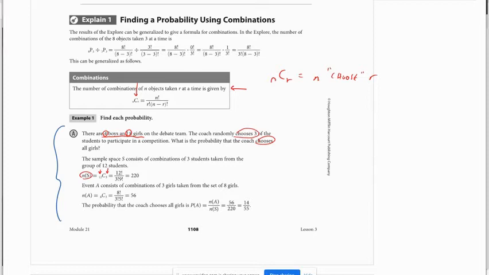Event A is that he chooses all girls. So there are 8 girls, so it's going to be 8 choose 3, and 8 choose 3 is 56. So then the probability is 56 divided by 220, which is 14 over 55, which is also about 25.5%.